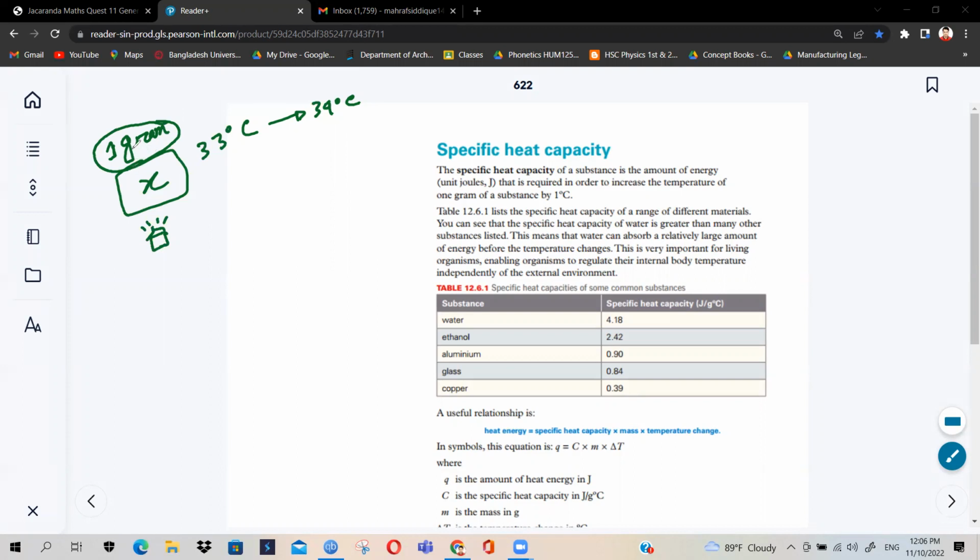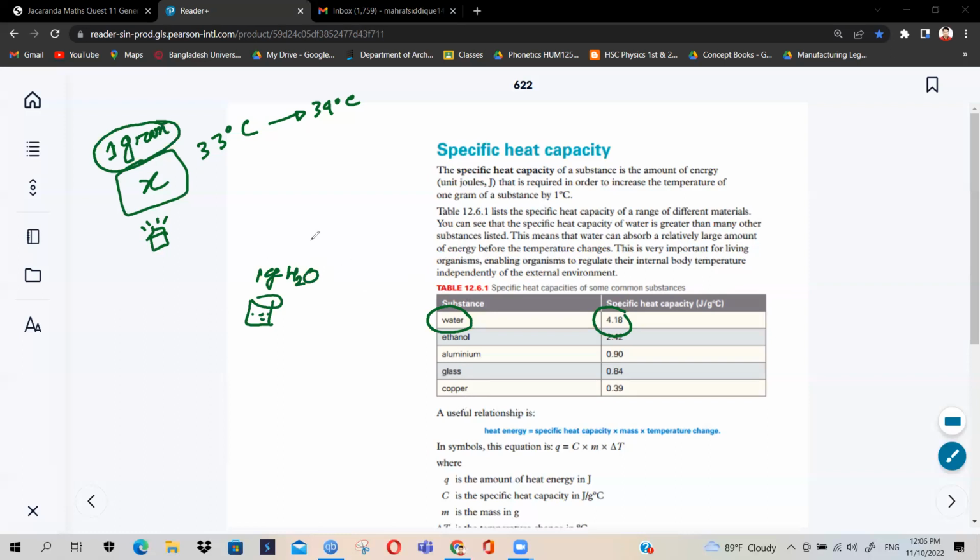If I give you another example, say for instance, water's specific heat capacity is 4.18 joule per gram degree Celsius or degree centigrade. What this means is that, say this is a container and here you have 1 gram of water, H2O.